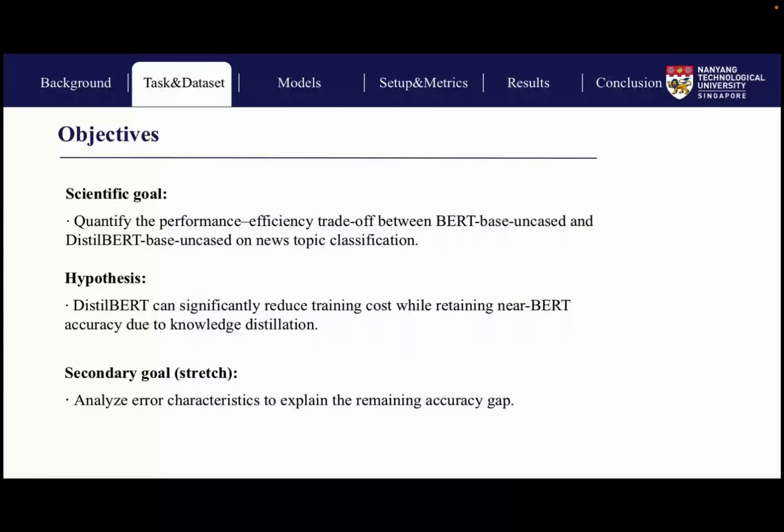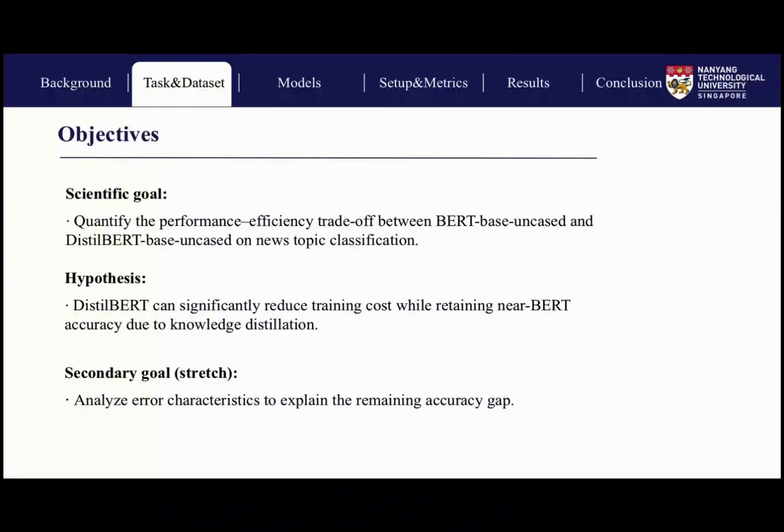Based on the setup I have mentioned before, we established the specific objectives for our project. Our scientific goal is to quantify the trade-off between performance and efficiency. We are not just looking for a winner. We want to measure exactly how much speed we gain versus how much accuracy we might lose.